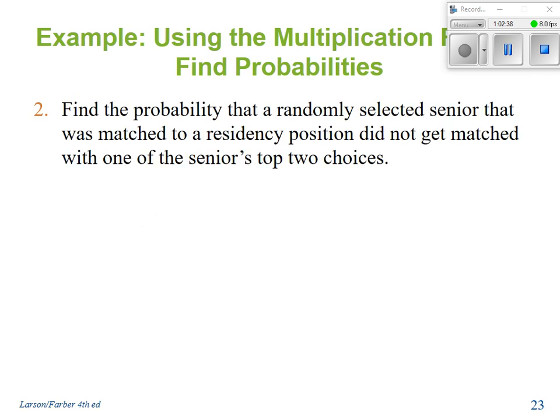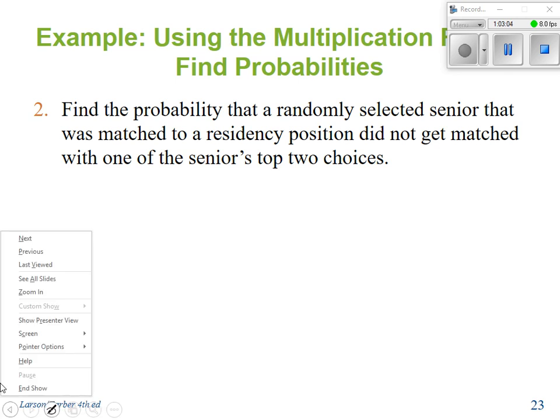Find the probability that a randomly selected senior that was matched to a residency position did not get matched with one of their top 2 choices. So how many of those 93% didn't get matched to where they wanted to go? Take whatever that percent was, just subtract.